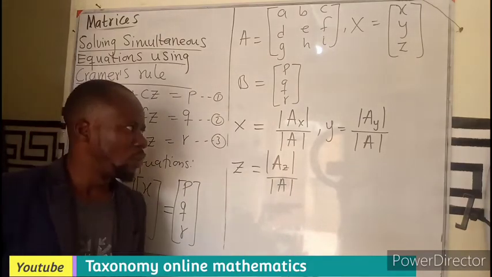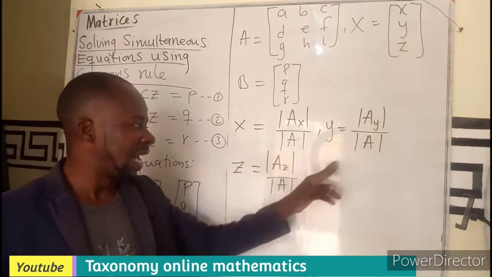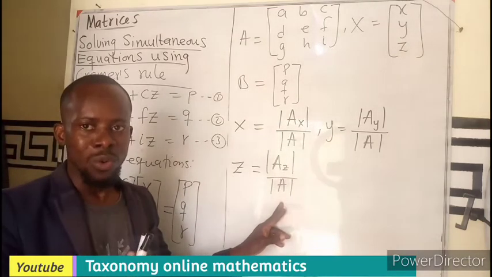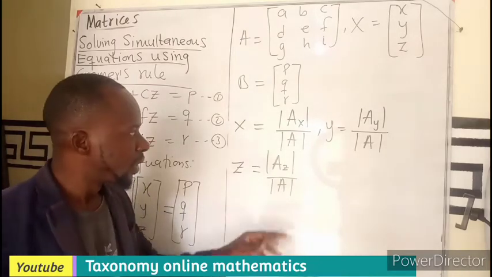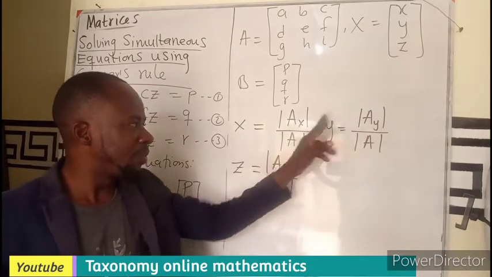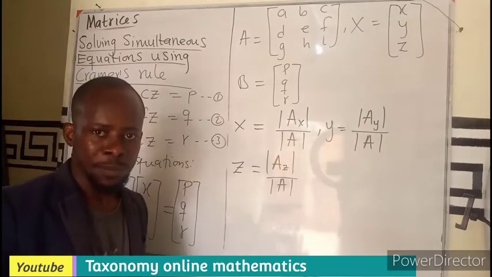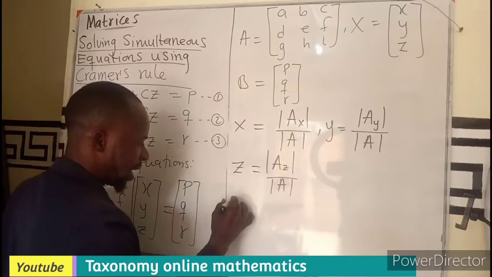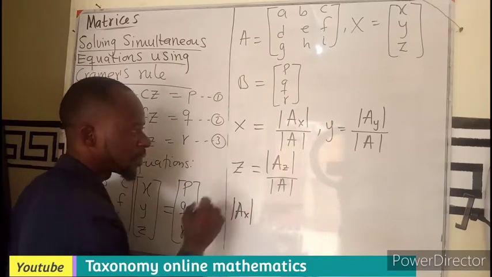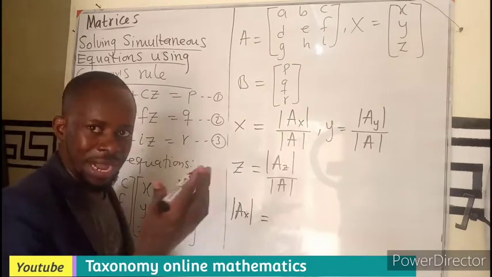Alright, how do we find these? You see, this and this are the same, which is the one we already know: the determinant of the 3 by 3. How we find it, we already know. Then what is the subscript X, Y, Z doing there? If I'm looking for the determinant of A_X, it is still a 3 by 3 matrix.